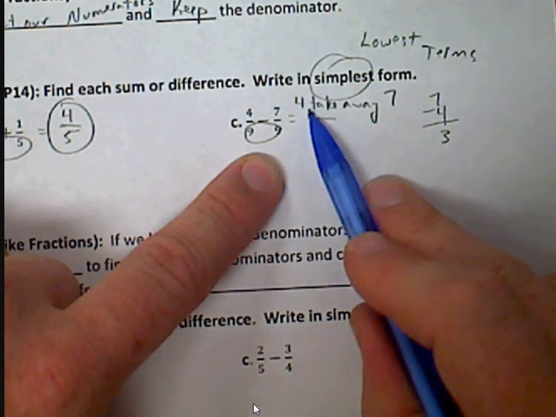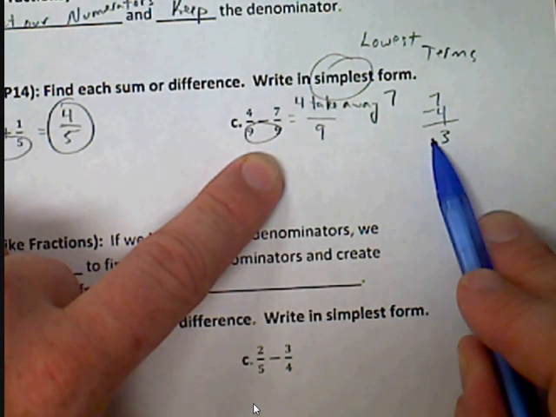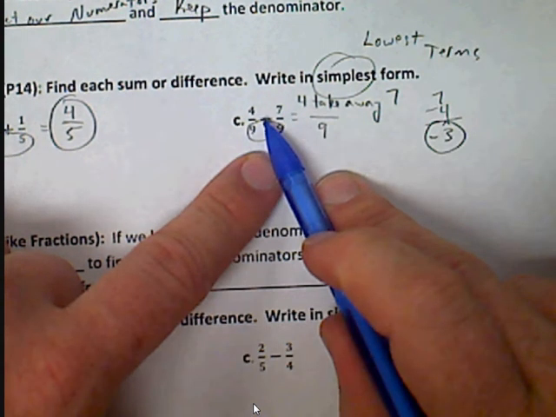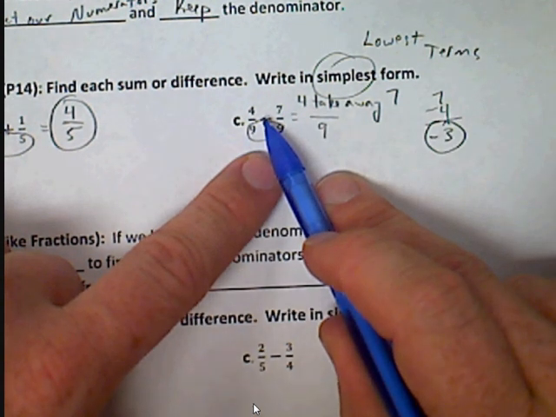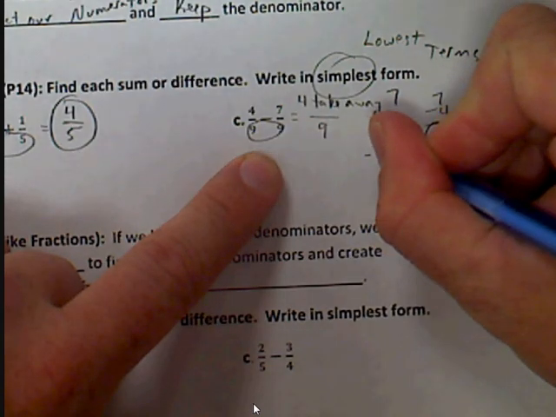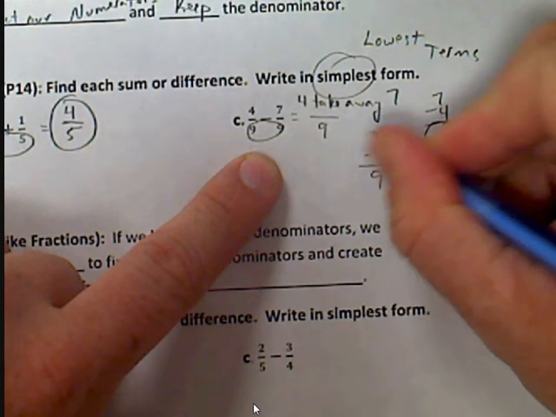If I add 4 and I take away 7, I am in debt, which means negative 3. Opposite sign subtract, keep the sign of the larger number, negative 3. So my final answer would be negative 3 over 9.